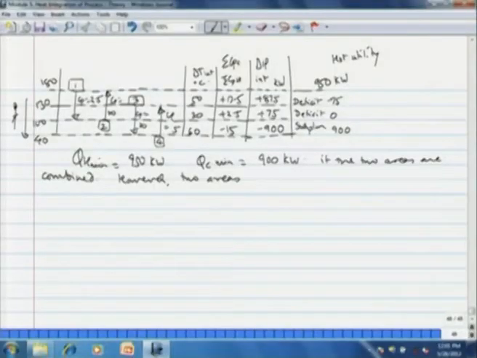So because of these constraints, we cannot couple any stream with any stream. So we have to keep the areas separate.